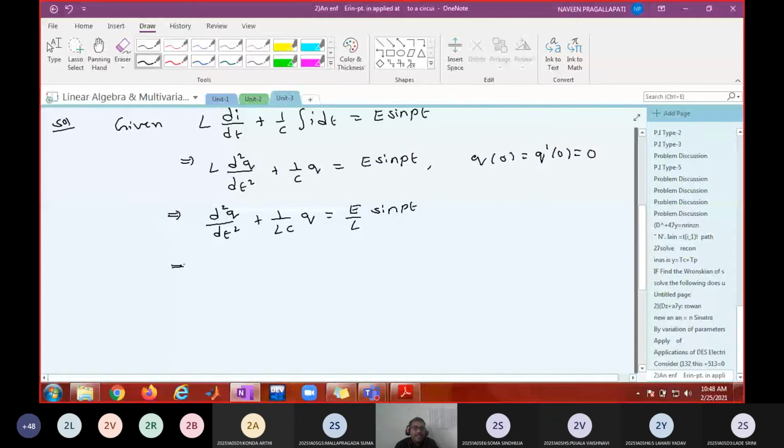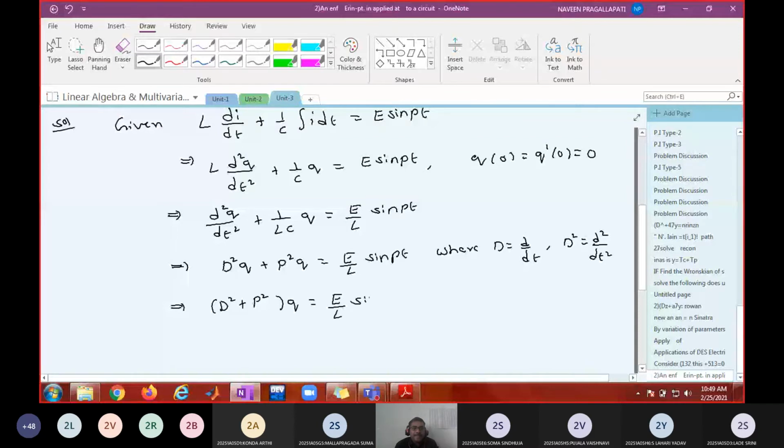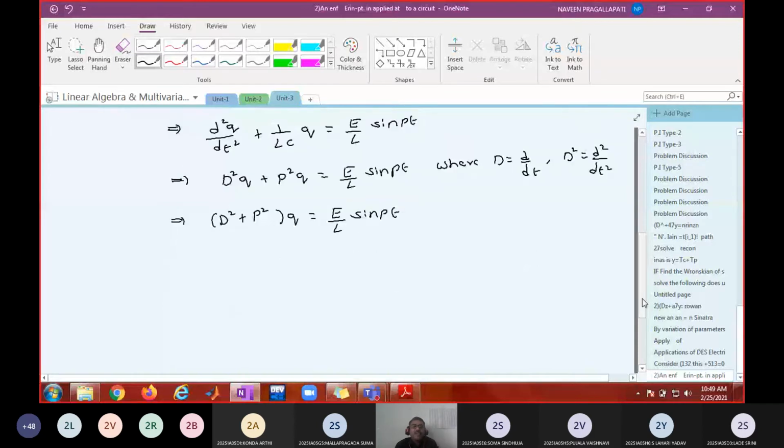Okay, so this is D square q plus p square q equal to E by L sin pt, where D equal to d by dt. So this is nothing but D square plus p square of q equal to E by L sin pt. Again, this is a non-homogeneous differential equation with constant coefficients.